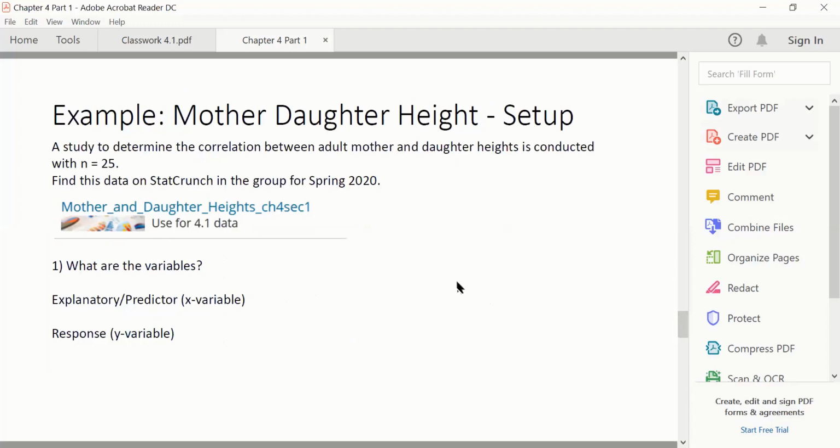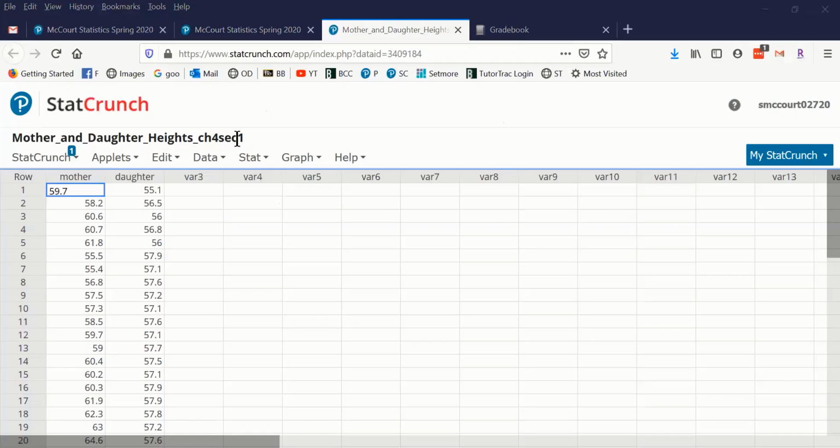So what are the two variables we're going to be looking at? Well, let me grab that data to show you. So here's the data. It says mother and daughter and the heights in inches.